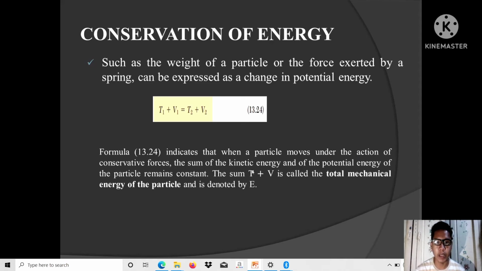The sum of T plus V is equal to the total mechanical energy of the particle, and it is denoted by E. One example of the conservation of energy is when we roll a toy car down a ramp and it hits a wall. The energy of the rolling toy car is transferred from kinetic energy to potential energy. So that's the conservation of energy.